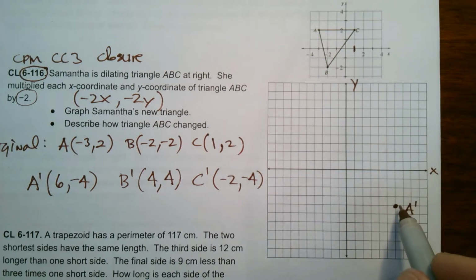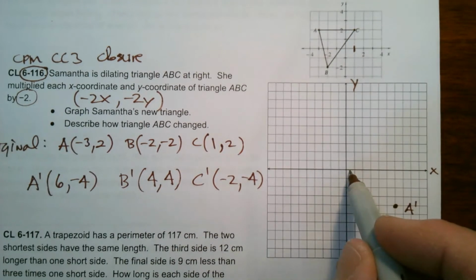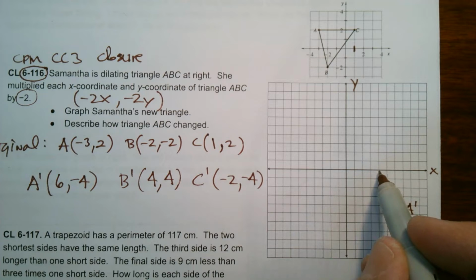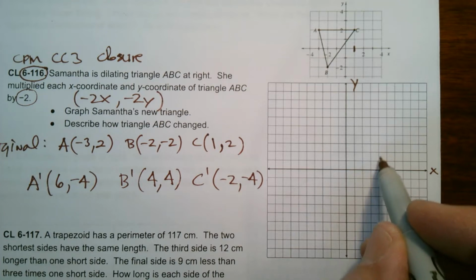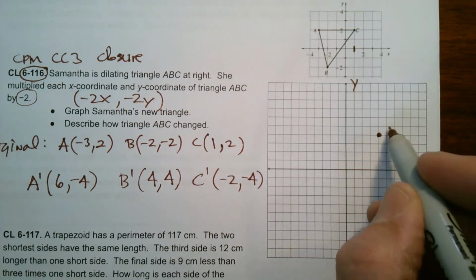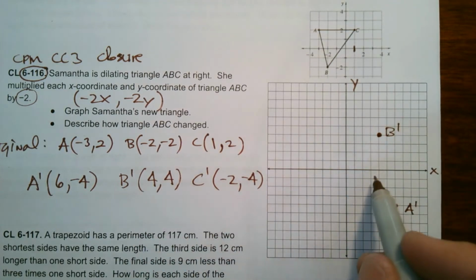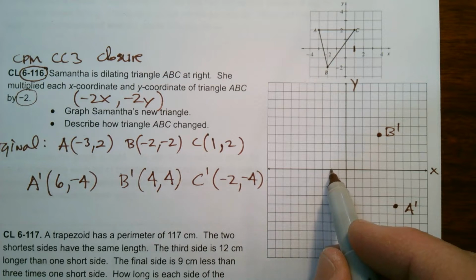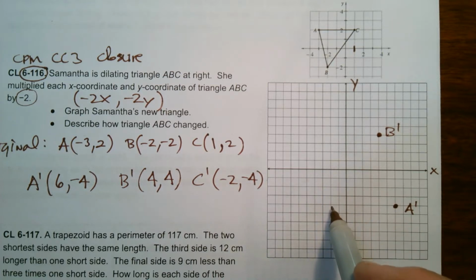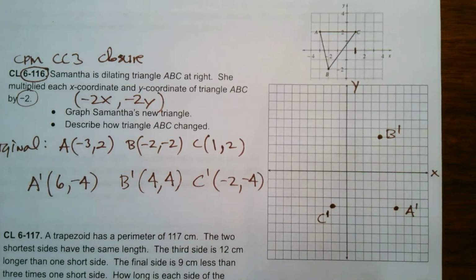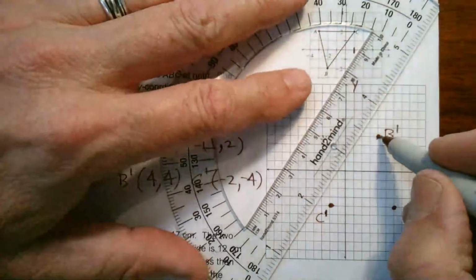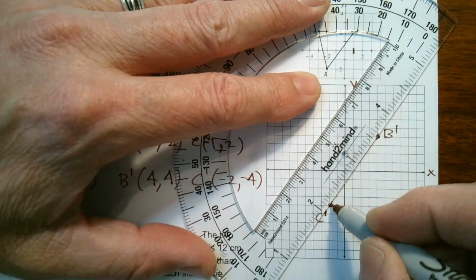And then B prime is at +4, 1, 2, 3, 4, and +4, 1, 2, 3, 4. So (4, 4) is B prime. And C prime is at -2 on the x and -4 on the y. So there's my C prime. I'm going to connect my dots so we can see what our shape looks like.